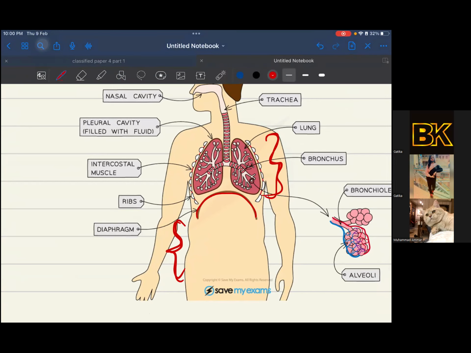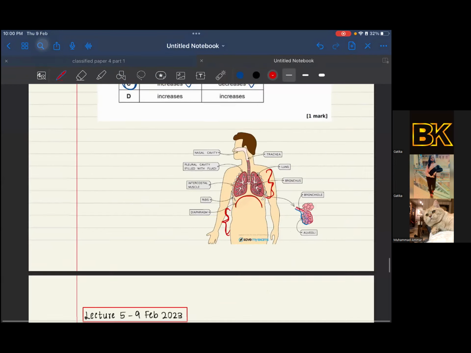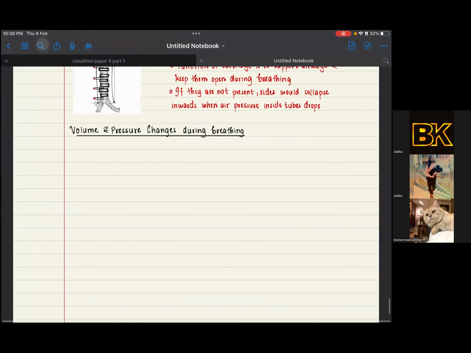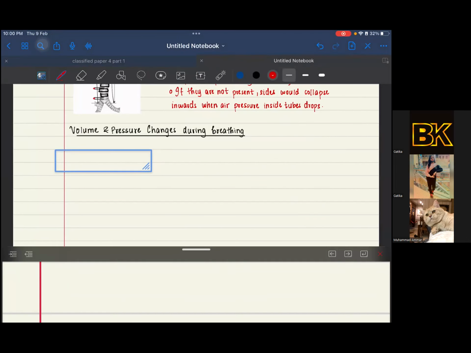Okay. Now we will write this first. First, we need to know what diaphragm is, then only we can understand the changes.